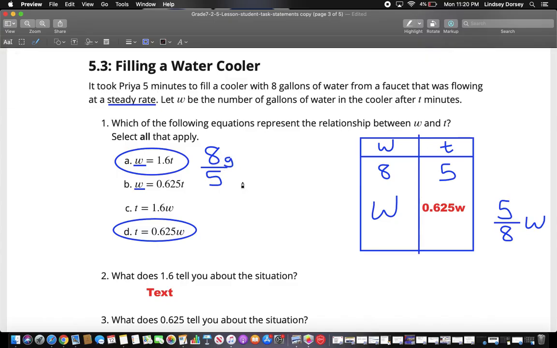So we know 5 was the number of minutes. So 1.6 tells us that the water is flowing at a rate of 1.6 gallons per minute. So since it was gallons divided by minutes, that means our answer was gallons per minute.